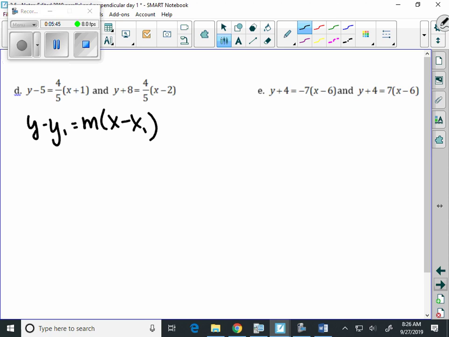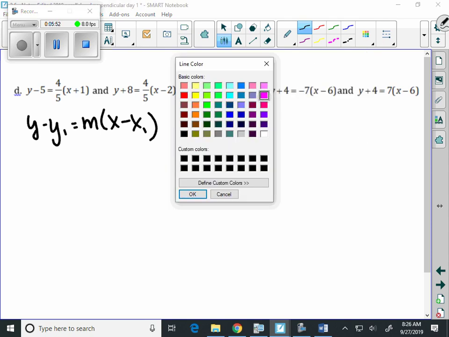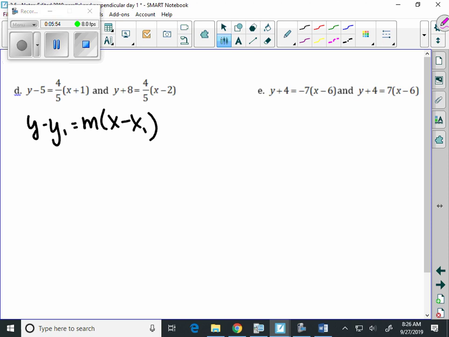And what we have on here in particular is we want to identify what's the slope. And what the slope is in this equation to the left is 4 fifths. Here's our m. It's in the same place on this second equation. Here is our m. M is the abbreviation for slope. And as long as those values are the same, then yes, they are parallel. Parallel lines have the same slope.